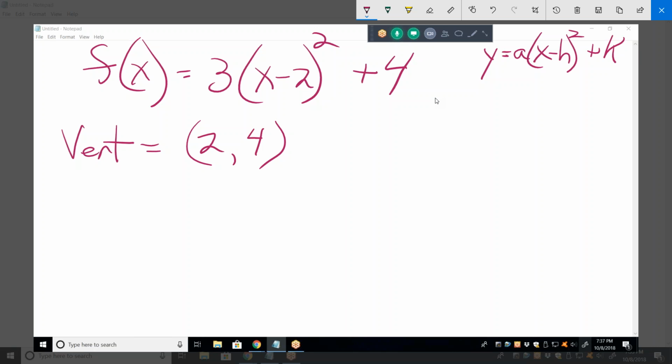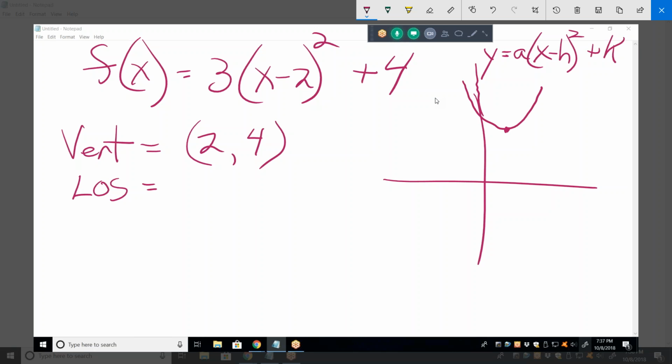What's the line of symmetry? No, it always goes through the x coordinate. Remember, these are always parabolas that open up or down. If that is my vertex, I can tell that it opens up because that's a +3. So it's going to look something like this. There's the line of symmetry.